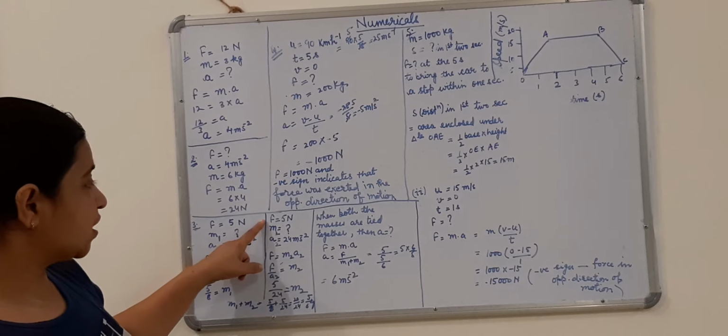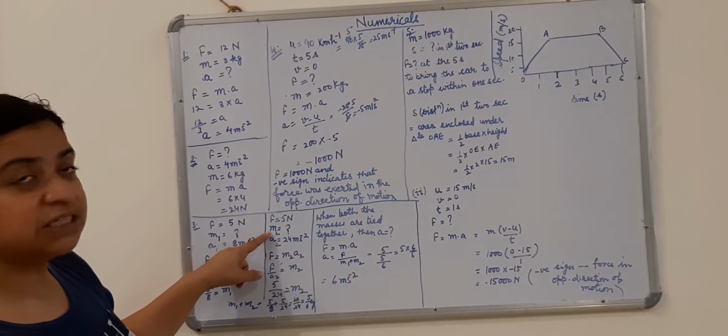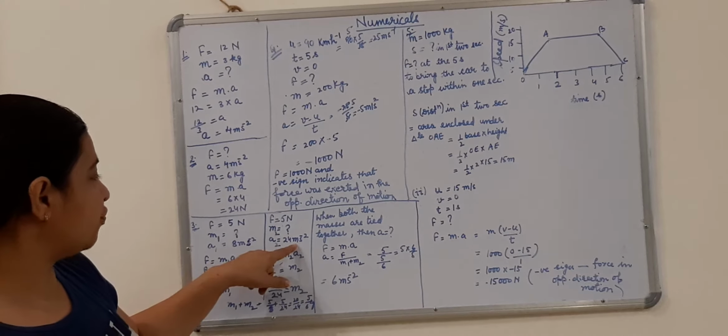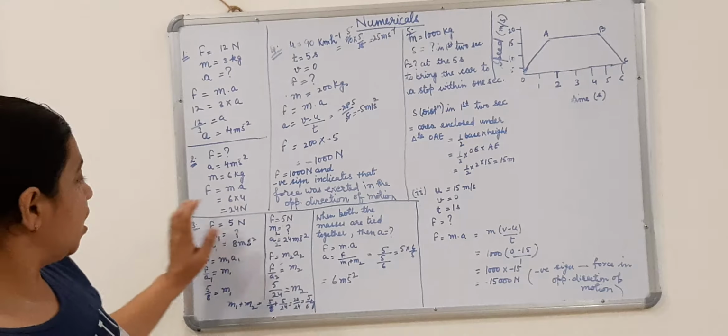The same force gives another mass, which is m2, an acceleration of 24 meter per second square.